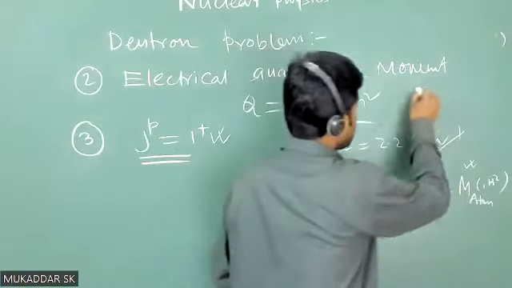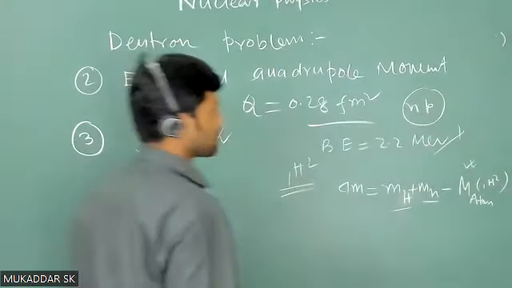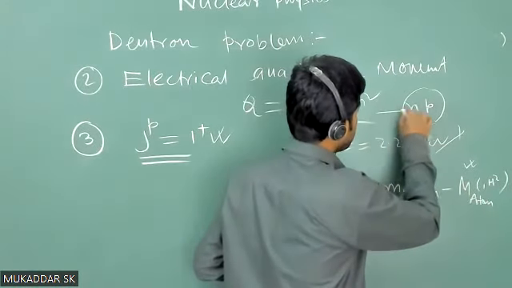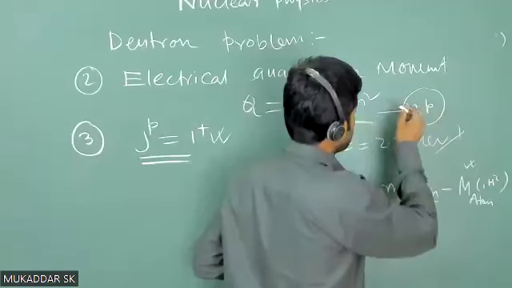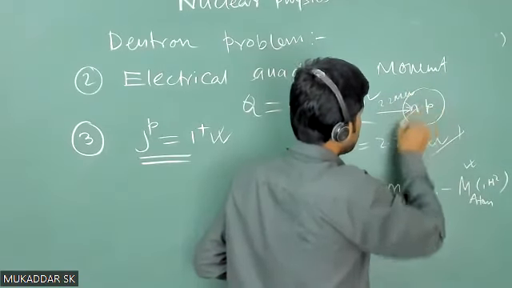They are bound within the nucleus. Loosely bound means that if you provide this nucleus with energy 2.2 mega electron volt, then they will be separated.